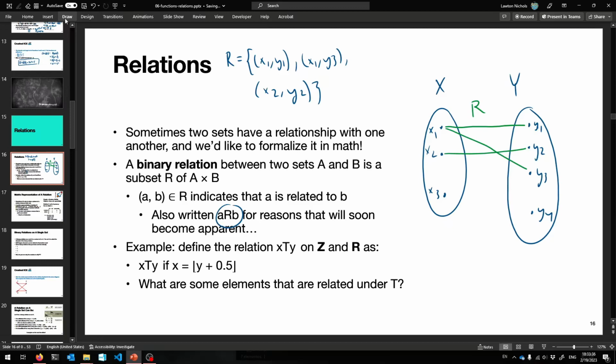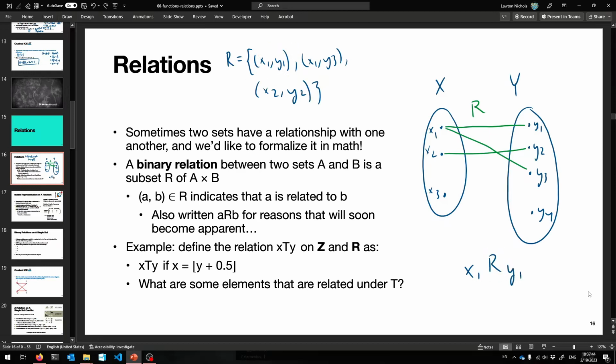We say A R B. It's a weird idea, but it's actually going to make a lot of sense, and you will soon see why we do that. Once I show you some symbols that you've already seen before, it's like, oh yeah, those are relations, I get it. So for example, instead of writing x1 comma y1 is in R, we just say x1 R y1. That's how we can say that idea.